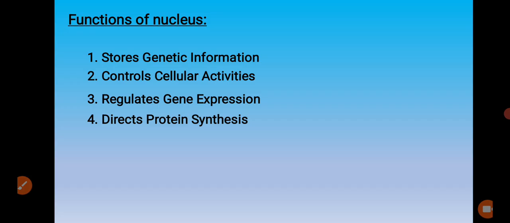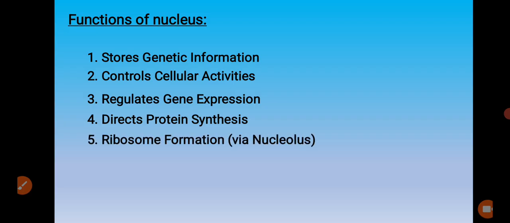So the next function is ribosome formation via the nucleolus. The nucleolus, inside the nucleus, makes ribosomal RNA or rRNA and assembles ribosome subunits. These subunits then move to the cytoplasm for protein production.